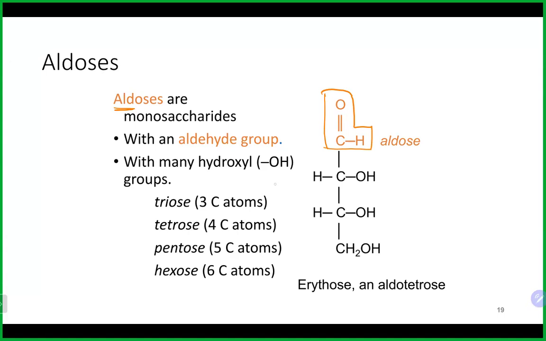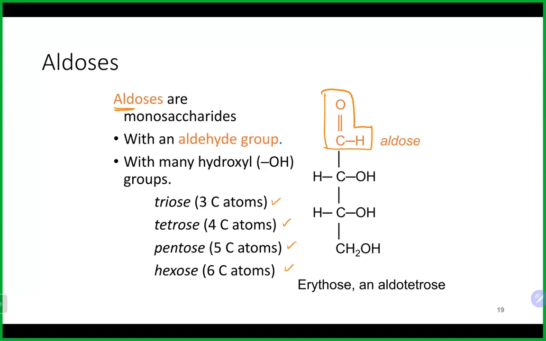And it can have different numbers of carbon atoms in it. Depending on how many carbon atoms it has, you can also classify it by the number of carbon atoms. So triose means it has 3 carbon atoms. Tetrose, like tetra, has 4. Pentose, like penta, has 5. Hexose, like hexa, has 6.